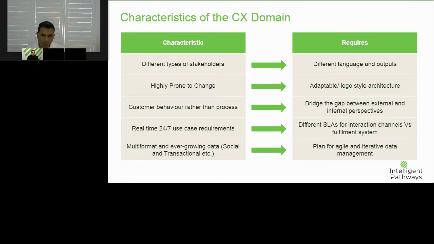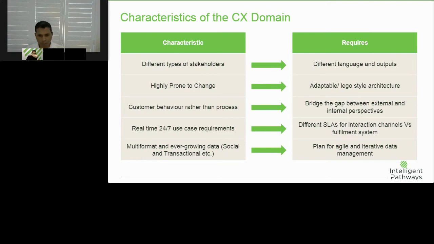So from an architecture point of view, if you conceive an API-driven architecture, with good data principles, separating your data layer from your engagement layer, those architecture concepts are really useful, what we call Lego-style architecture.